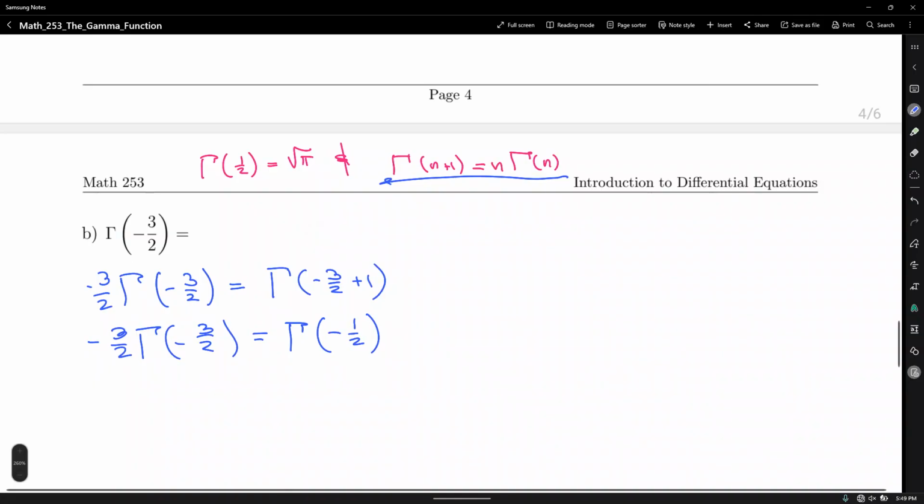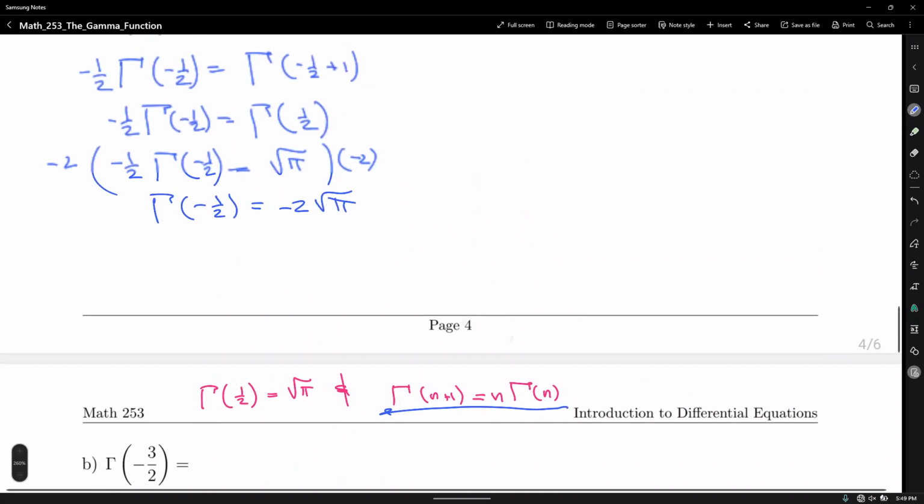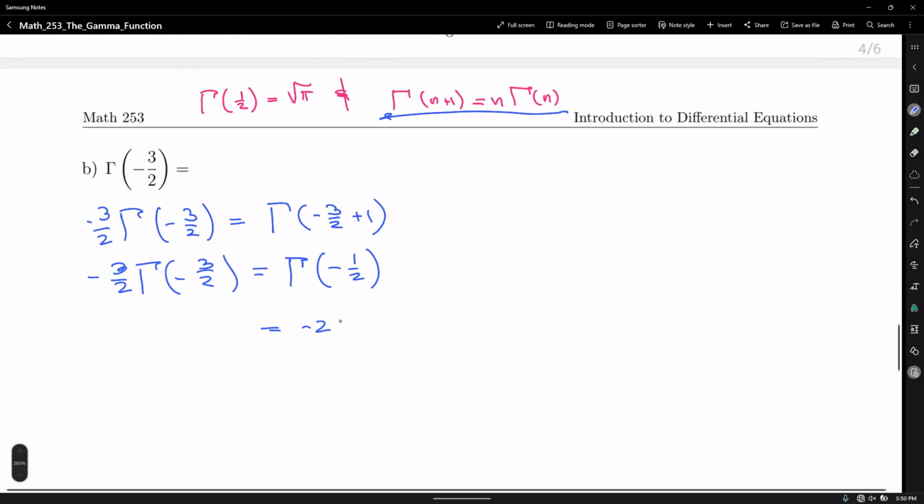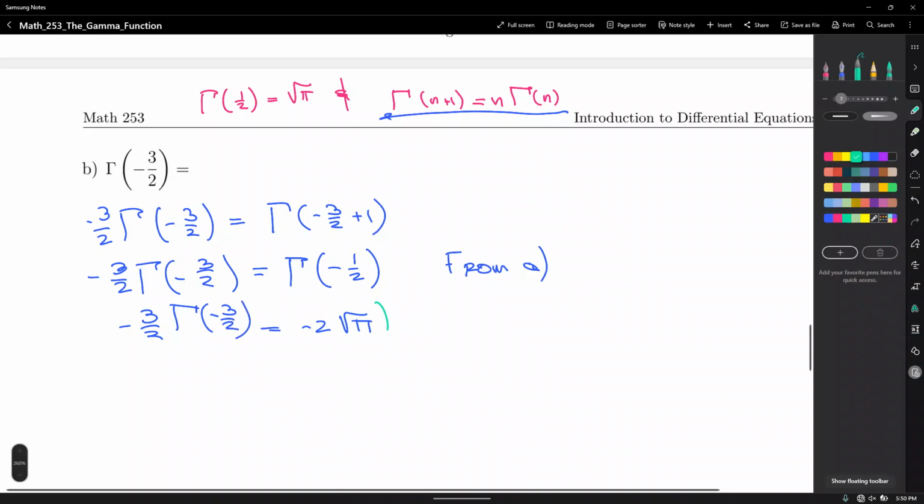Actually, didn't we compute it before? Didn't we compute that before? I'm just going to use the result from part A, which is negative 2 root of pi from A. All right? That's still equal to negative 3 halves gamma of negative 3 halves. Okay? And then I'm just going to multiply both sides by negative 2/3.